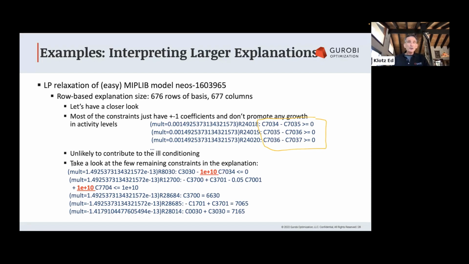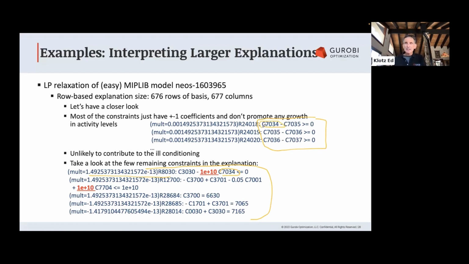So there are only a few remaining constraints in the explanation if we exclude these from consideration. Those are the ones that turn out to have these big M values. And we see in particular that this big M value for C7034 not only intersects this constraint, but C7034 does appear in this other constraint.